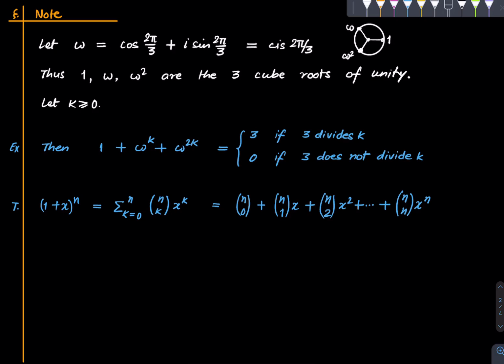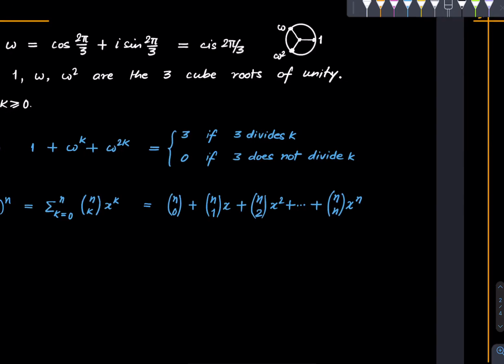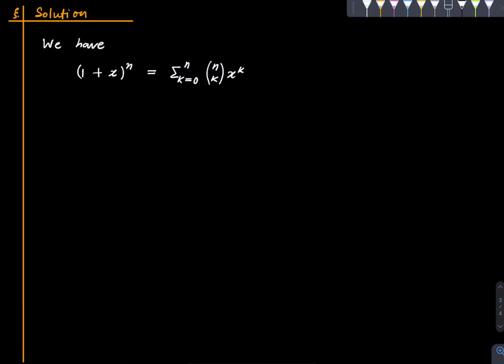And now let us go to the solution that will solve our problem. So we have 1 plus x to the n is this thing, as we just mentioned. So what we will do is we will substitute x equals 1. If we do that, we will get this. Right.